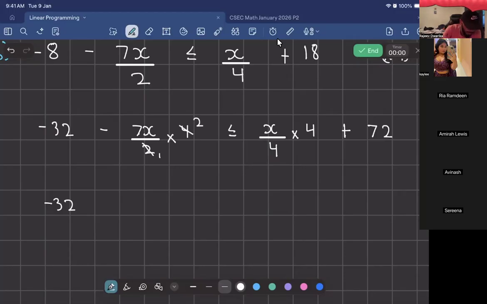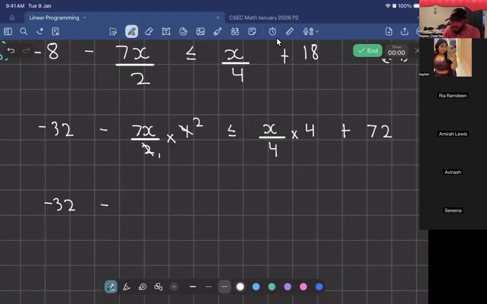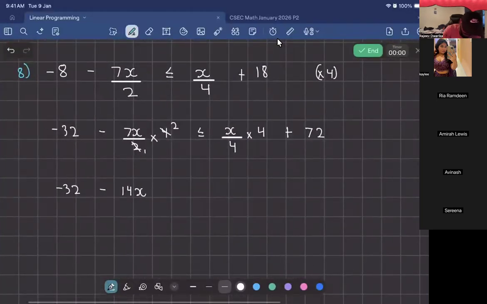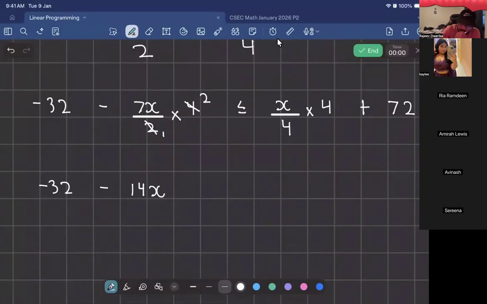Right? So we're going to end up with minus and then 7x by 2. What's 7x by 2? So imagine you had 7x's and you multiply that by 2. 14x. Nice.